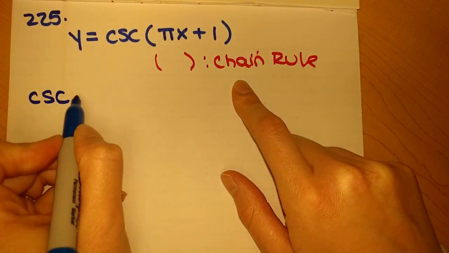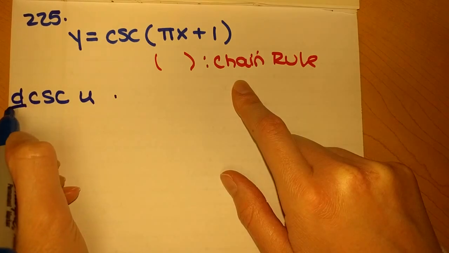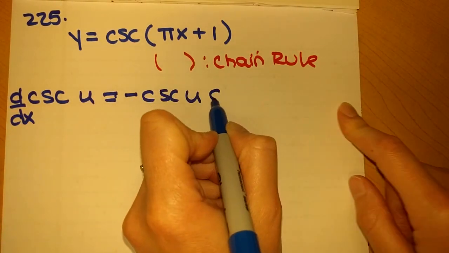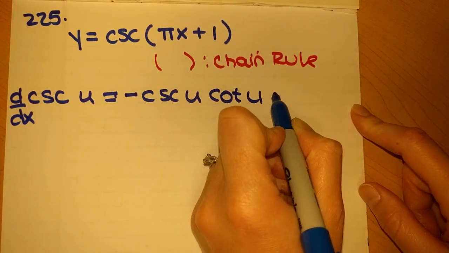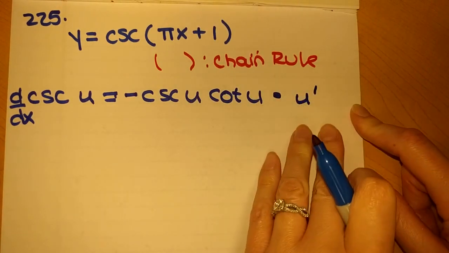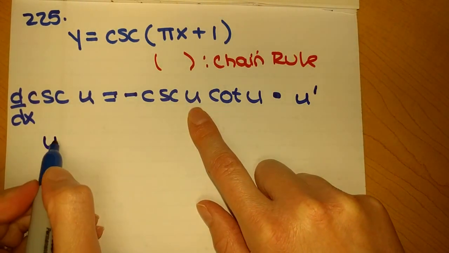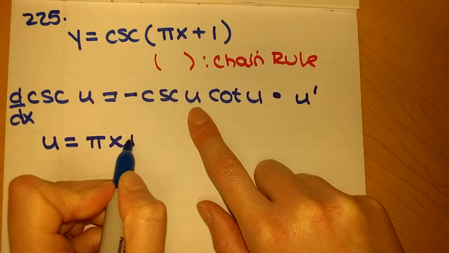You can memorize that cosecant of u, when you take its derivative, will be equal to negative cosecant u cotangent u times u prime. And you can plug in all of that for u, where our u would be equal to the inner function of pi x plus 1.